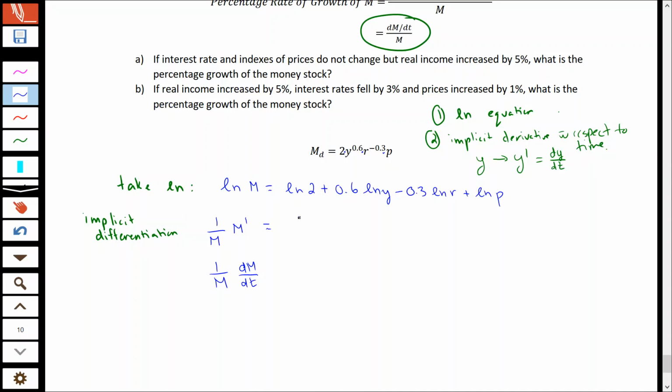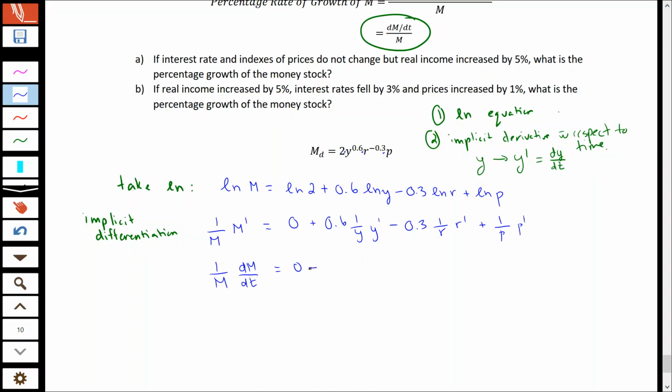The derivative of ln 2 is 0, so you can ignore that, plus 0.6 ln y, so that's going to be 0.6, 1 over y, derivative of y, minus 0.3, 1 over r prime, plus 1 over p prime.